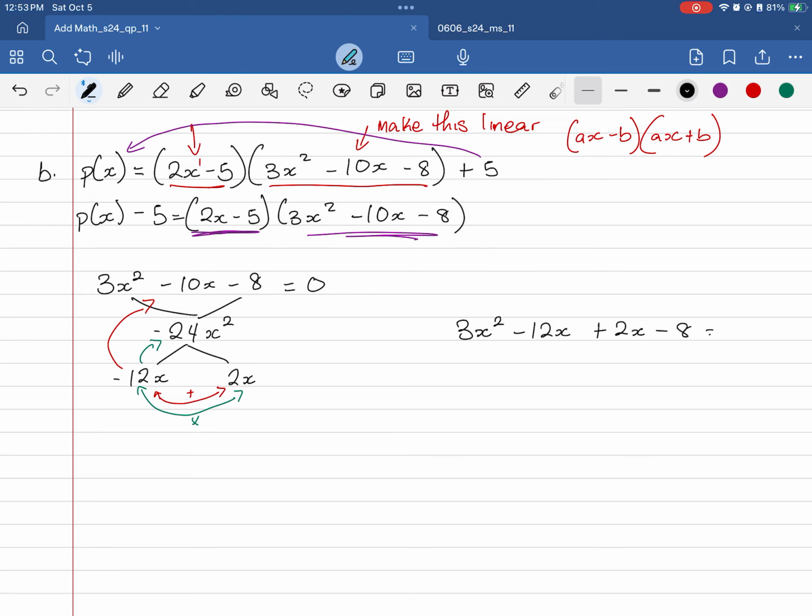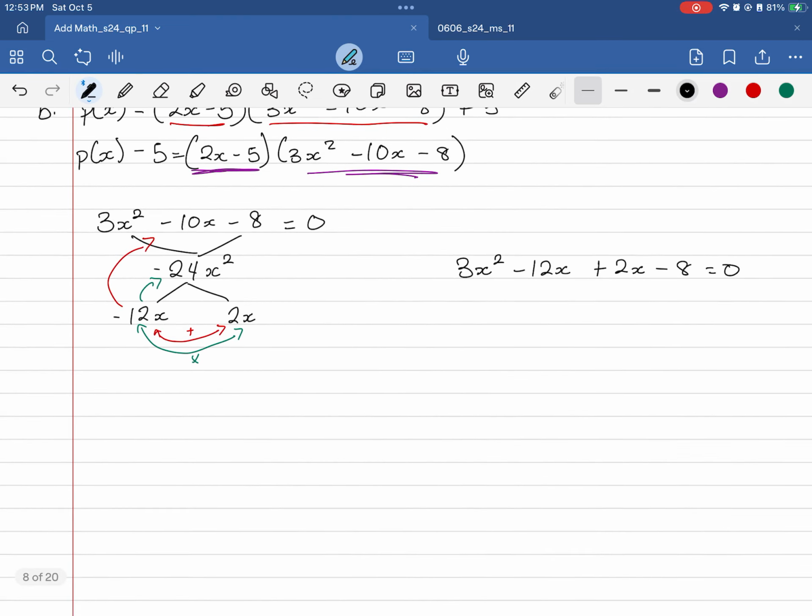This is just to help you factorize it better. So you can now group these two and factor them. Factor these two together. So you're going to have 3x bracket x minus 4.